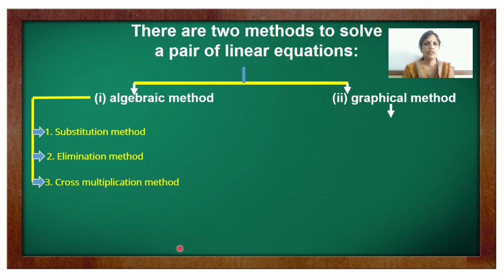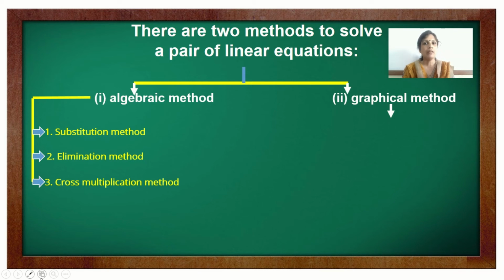Now out of the 3, the cross multiplication method is not there for us for this particular year. The CBSE board has deleted this method from the syllabus. So we will be learning only the substitution method and the elimination method. These two methods we have already learned in standard 9th. So this year we can expect more difficulty in solving the sums.